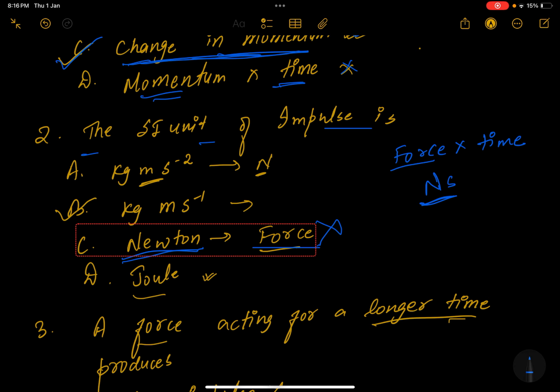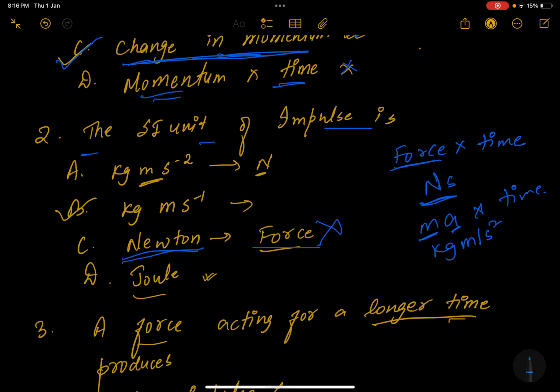So what will we do? What is force? Mass into acceleration, and then there is time. Unit of mass is kg, unit of acceleration is meter per second square, into time, second. So kg meter upon second square into time.